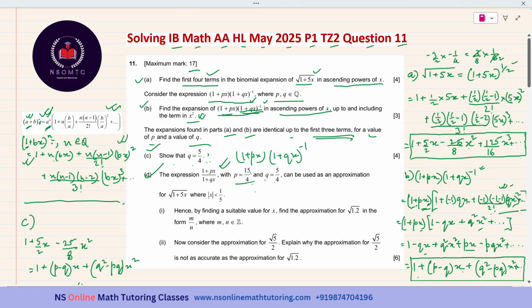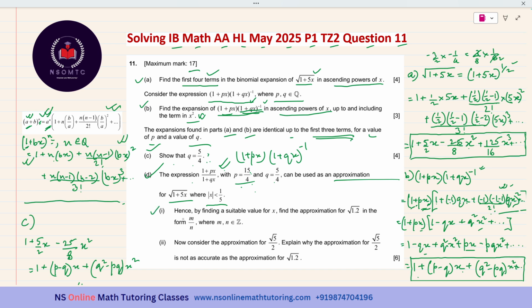This is nothing different. p equal to 15 over 4 and q equal to 5 over 4 can be used. The expression, with p value as 15 over 4 and q value as 5 over 4, can be used as an approximation for the square root of 1 plus 5x, where the absolute value of x is less than 1 over 5. Now D has two further subparts.